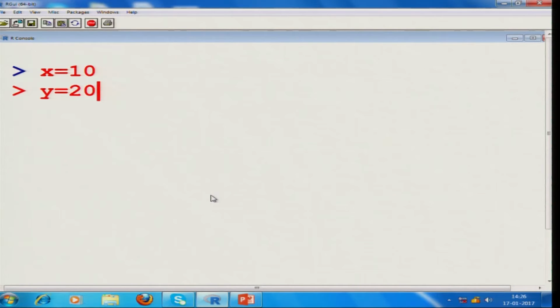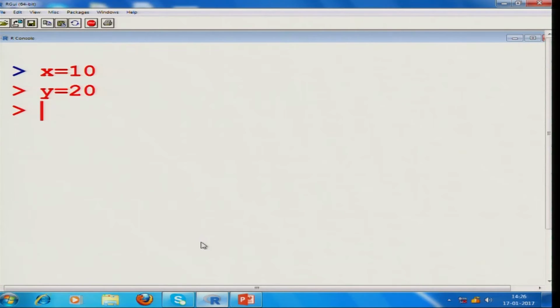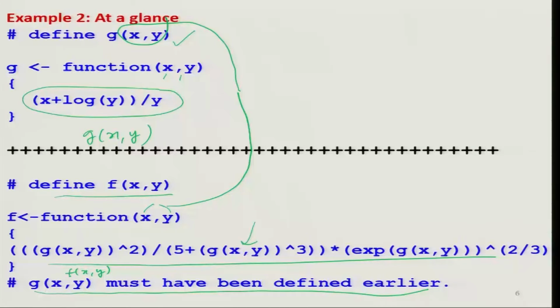Now, you see what I am going to do here, that there are two functions gxy and fxy, right, but I am not computing gxy, but I am simply going to compute f of xy. You see what happens over here, you get the value of fxy. This means that when this fxy was executing, this happened like this.